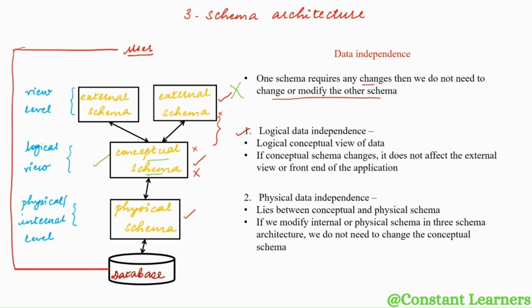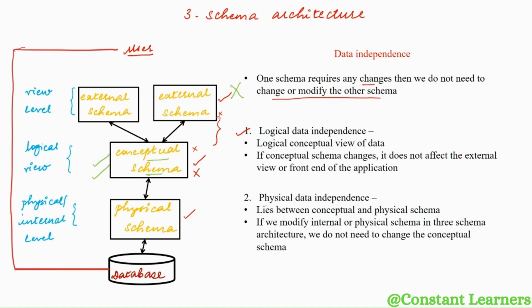We do not need to change the external schema. We can make changes in the conceptual schema, that is the tables, the columns, the type of data, the constraints, the relationships, and we can modify that without changing the front end or the user application. I hope that logical data independence was clear.